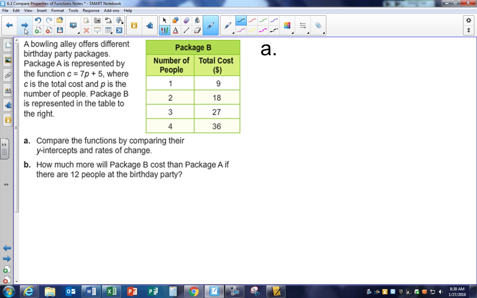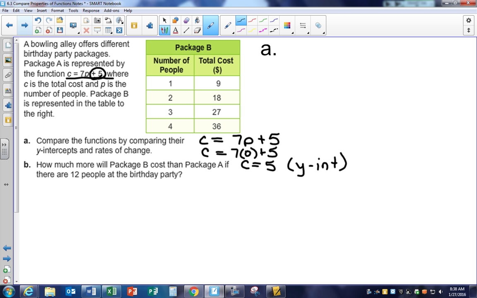Since this equation has a value after the rate of change, that is our y-intercept. Remember, if we look at C equals 7p plus 5, and we put in 0 for p to solve for C, we get C equals 7 times 0 plus 5. So in this case, our y-intercept would be 5.